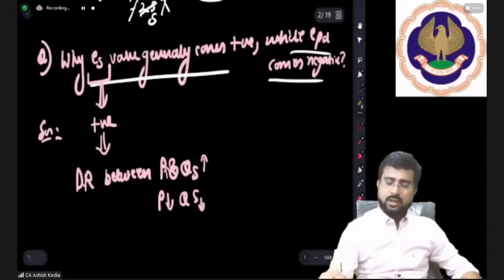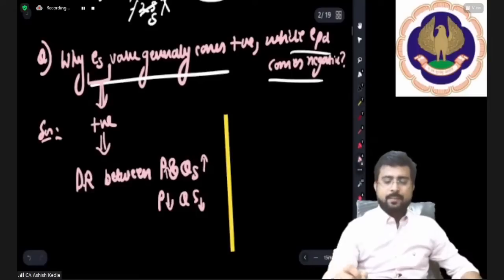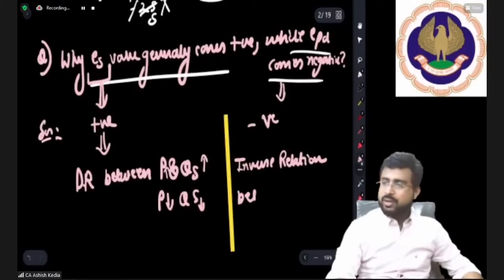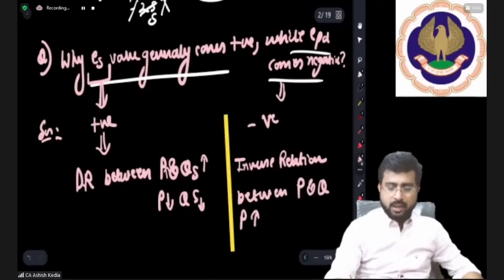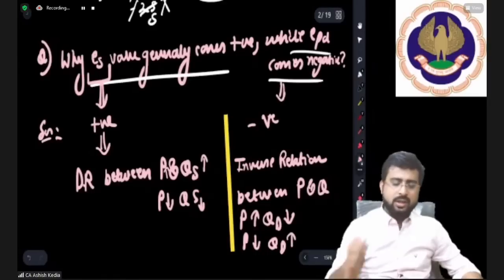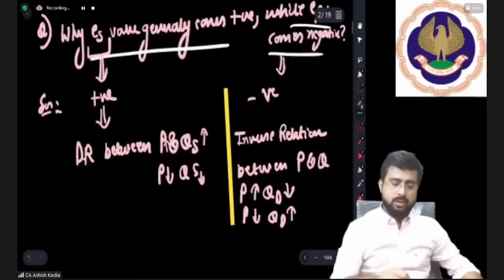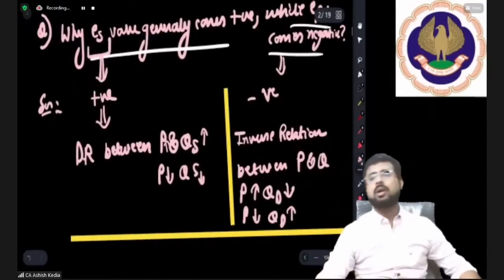But the next question is, why price elasticity of demand will come negative? The answer is very simple. Because of inverse relation between price and quantity. That is, when price rises, quantity falls. When price falls, quantity rises. This is why. Everybody, please make sure you have noted it down.